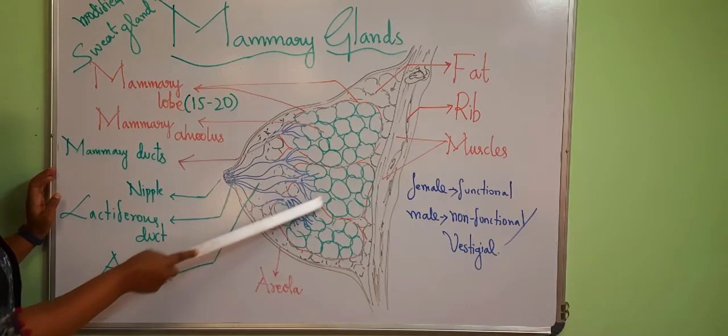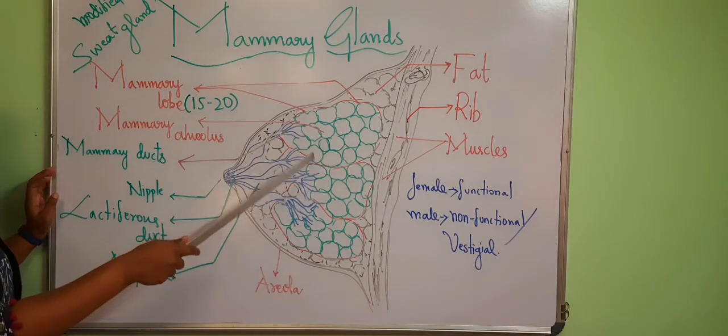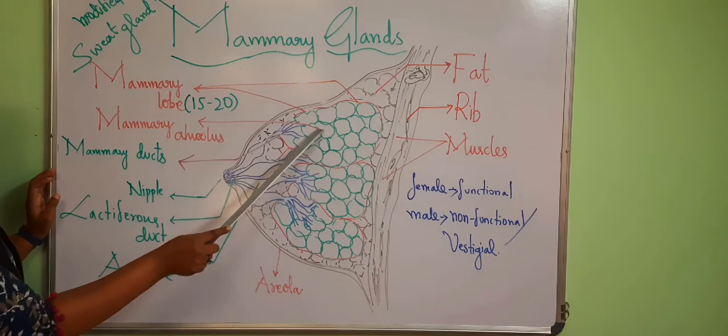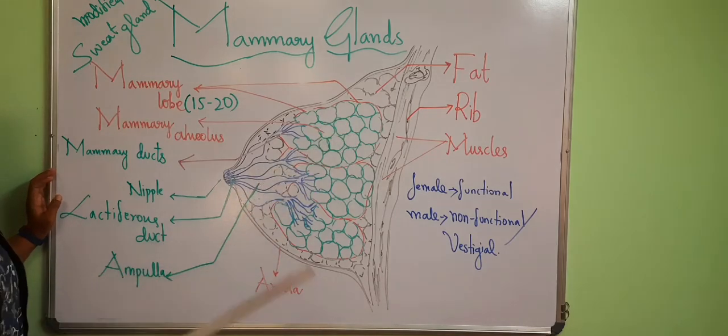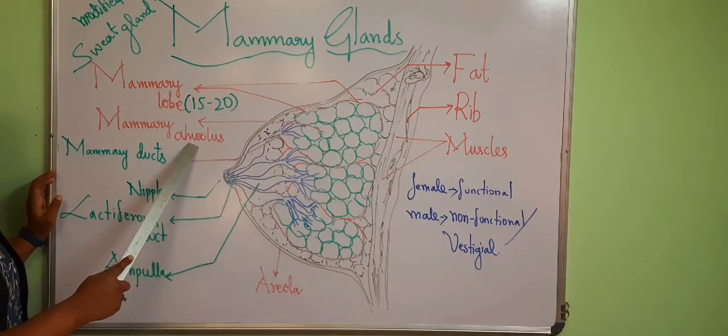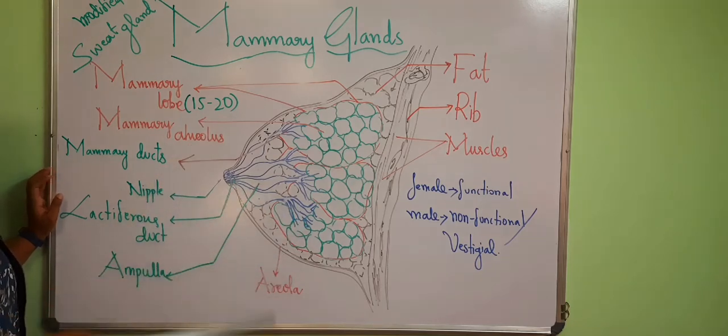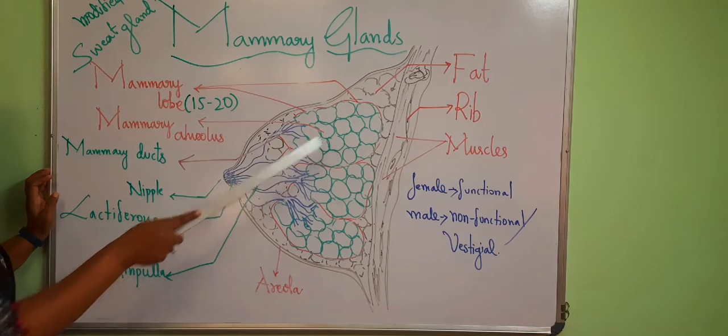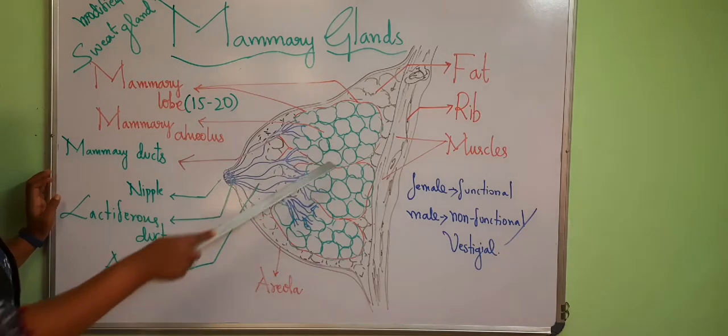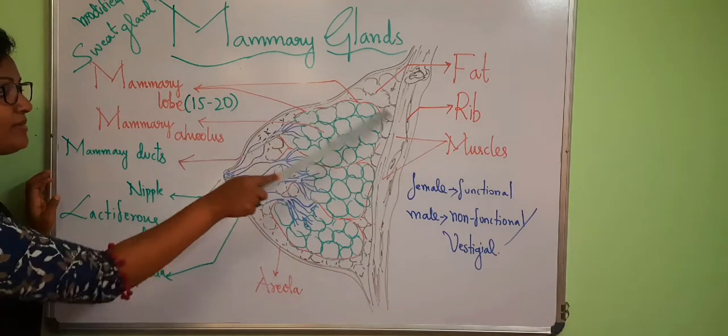These lobes are made up of sac-like or pouch-like structures called alveoli, or alveolus, where the main production or secretion of milk takes place during lactation, once the female starts the gestation or pregnancy period. The milk is produced in the alveoli of a mammary lobe.